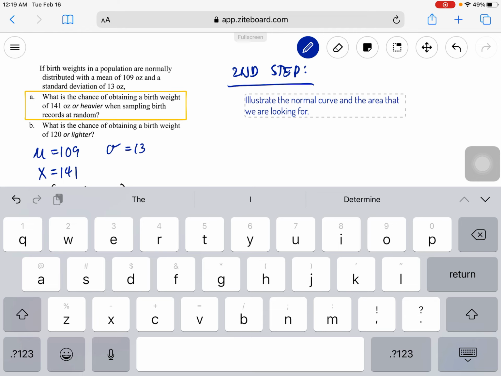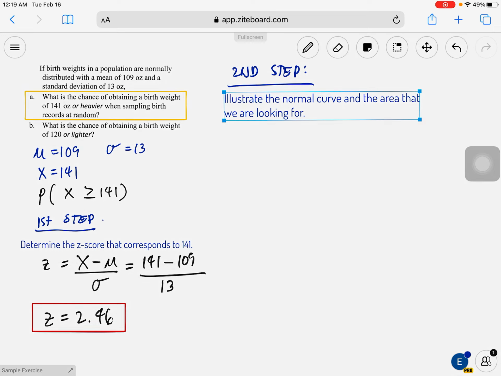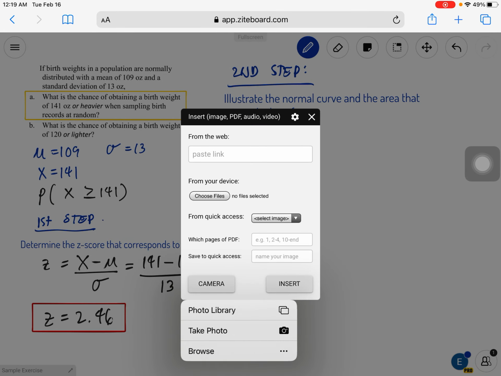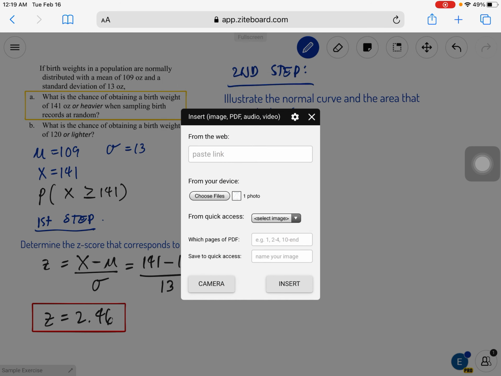Okay, so here we just make this a little bigger and let's insert an image of a normal curve that will be our guide.